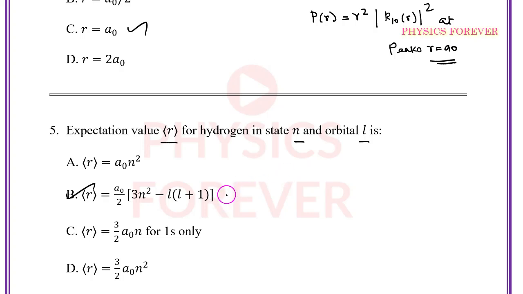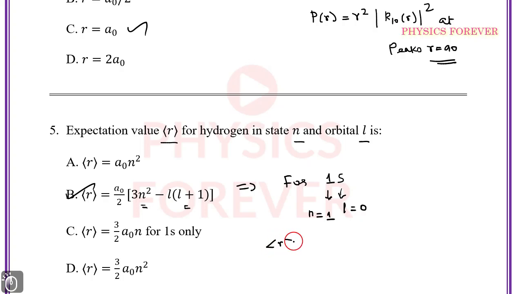For example, in this case, suppose they give 1s. For hydrogen we have to write the electronic configuration, that should be 1s here. So what is the value for s, then l is equal to 0. So n is equal to 1. In this equation we have to substitute n is equal to 1 and l is equal to 0.